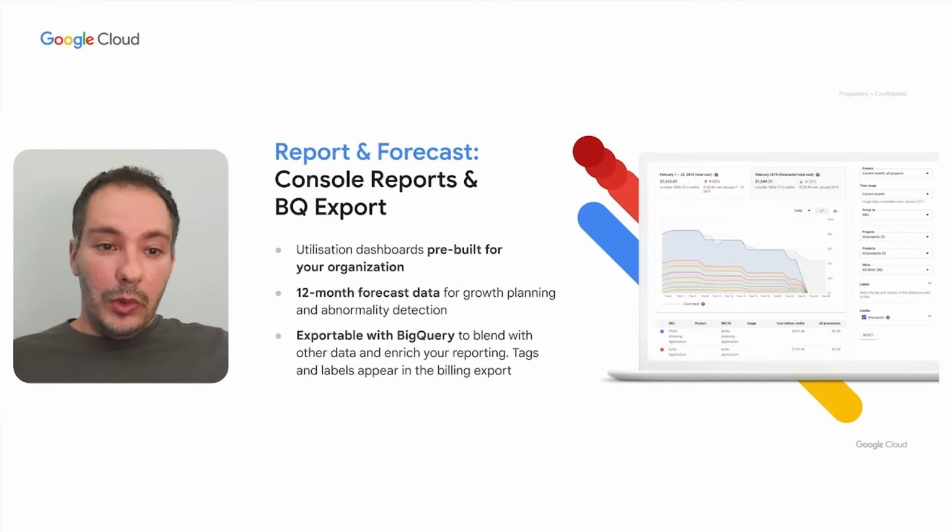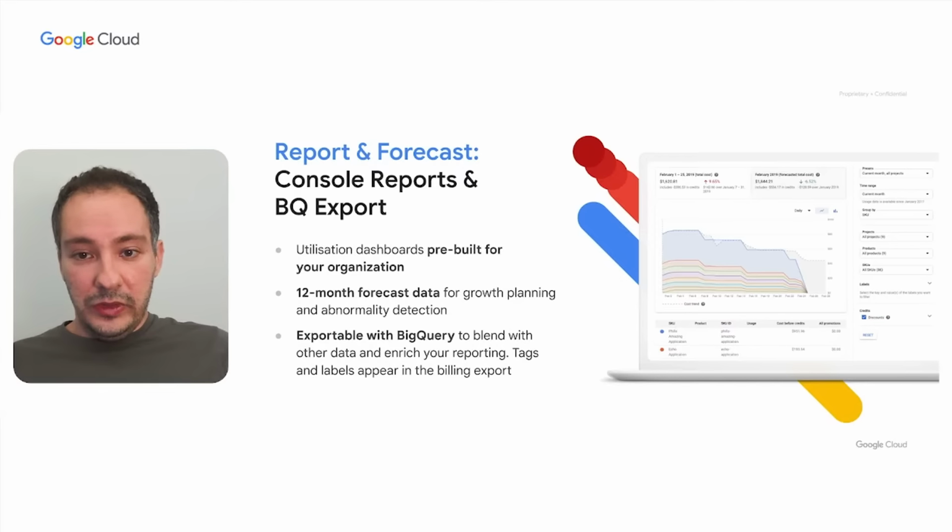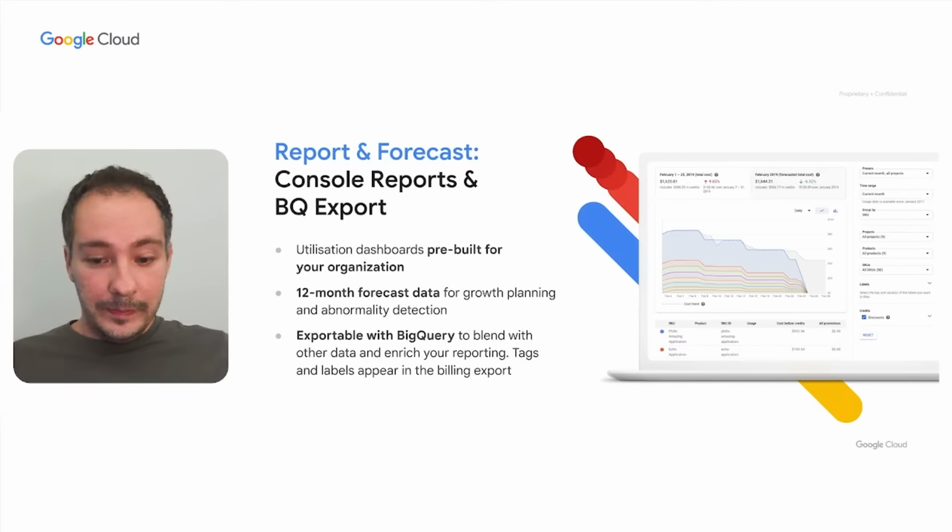You have different reports where you can check your costs, your tags, and your forecast usage in the same month. And you can, for example, export the reports to BigQuery, which is a powerful data warehouse platform.